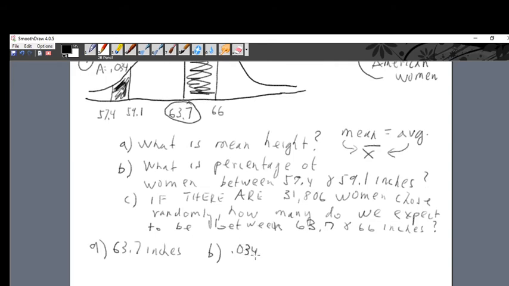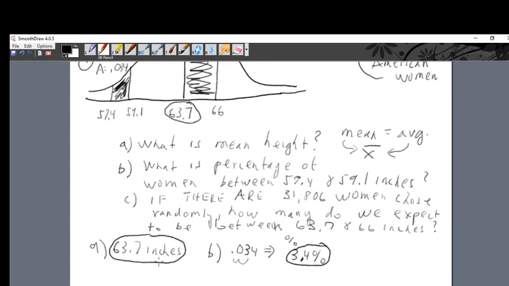If that's in decimal, all we have to do is turn it into percent. How do we turn it into percent? Move it over 1, 2 to the right, and we have, very simply, 3.4%, and the problem is over for B. The answer for A is right over here.